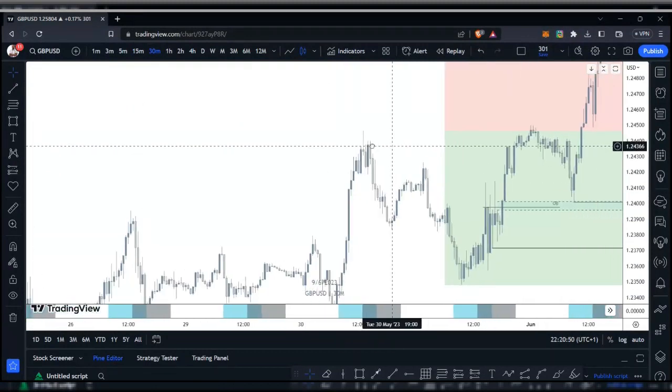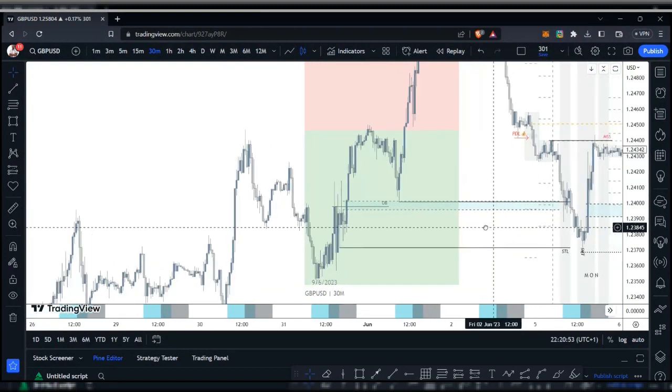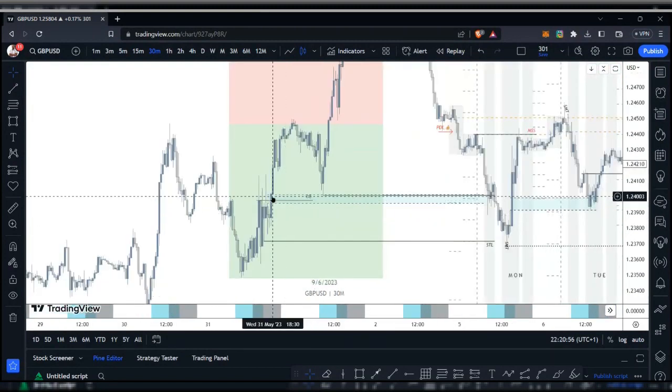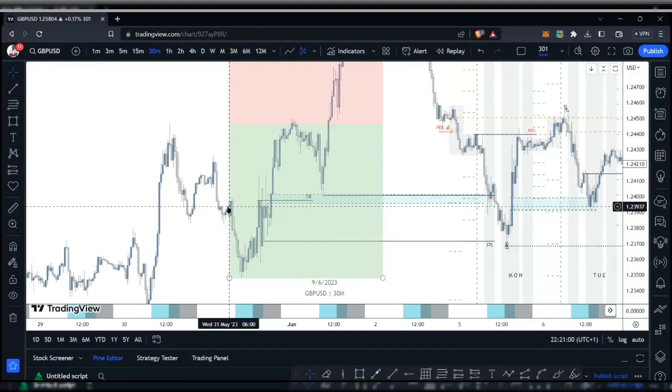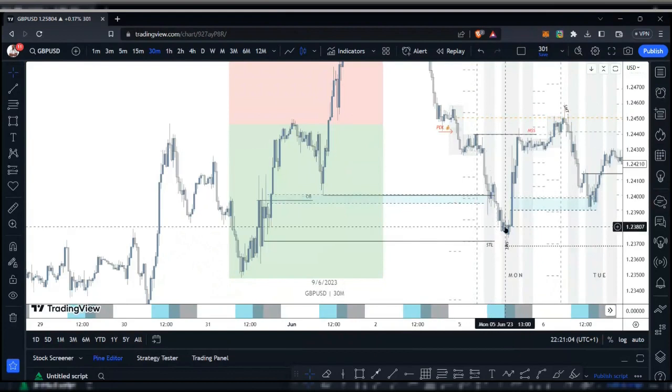If you look to the left here, you can see how I marked out this imbalance here, and this order block here, which price reacted to at the first instance.